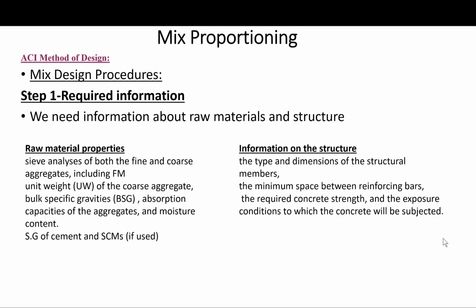Raw material properties include, as you can see here, the sieve analysis of both the fine and coarse aggregates, including the fineness modulus, the unit weight of the coarse aggregate, the bulk specific gravities and the absorption capacity of the aggregates, the moisture content, and the specific gravity of the cement and the supplementary cementitious materials, or mineral admixtures, if used.